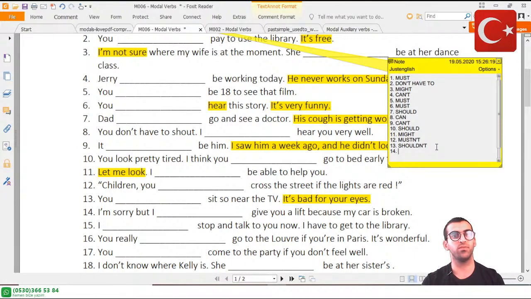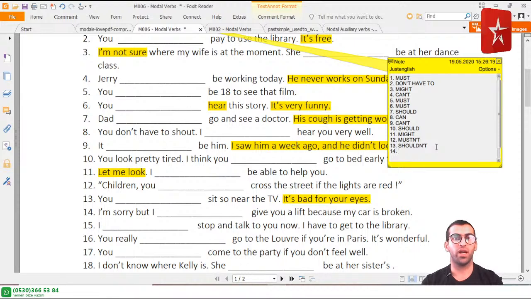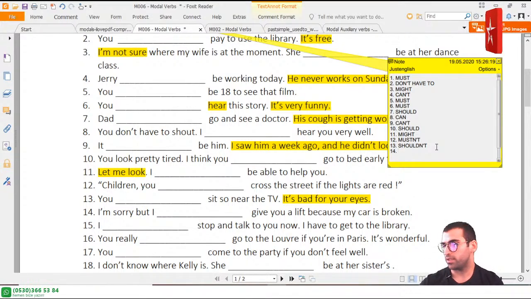Number 14, I'm sorry, but I blah blah blah give you a lift because my car is broken. Number 14.